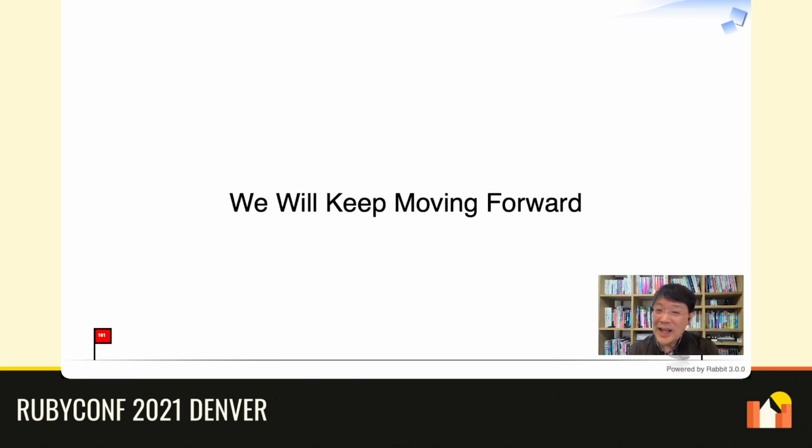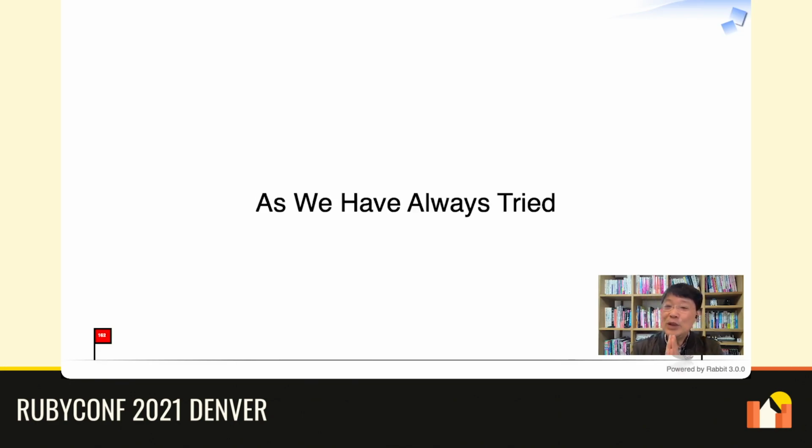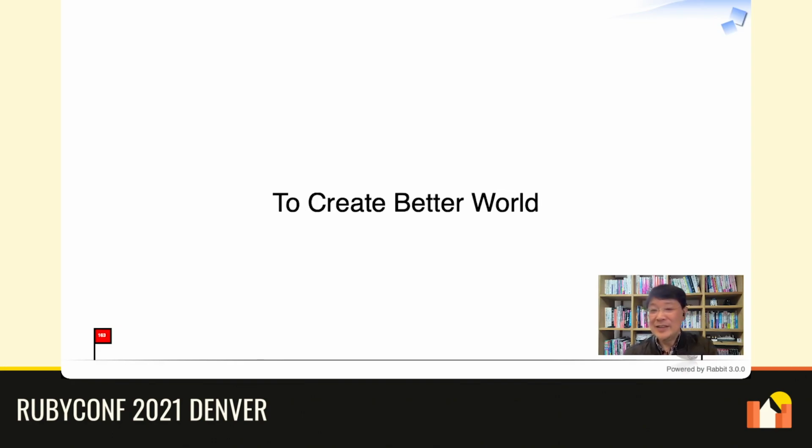Anyway, we will keep moving forward. This is our slogan: we will keep moving forward. We are not going to stop progressing, because we don't want to die. We will keep moving forward as we have always tried to create a better world by the existence of the Ruby language.